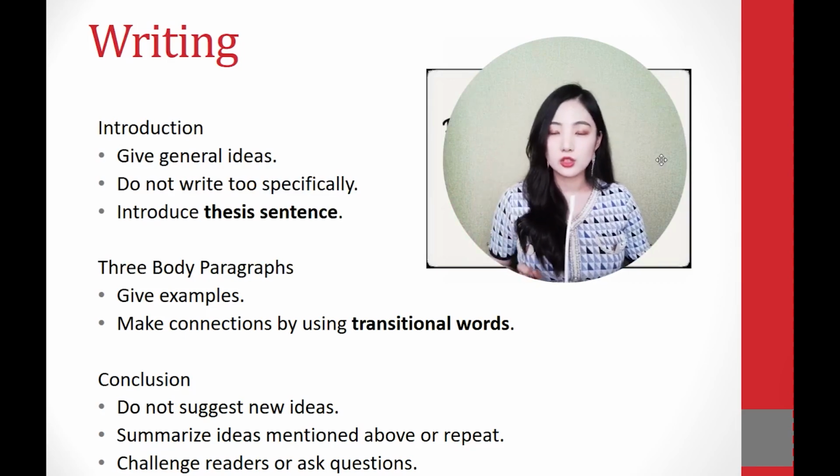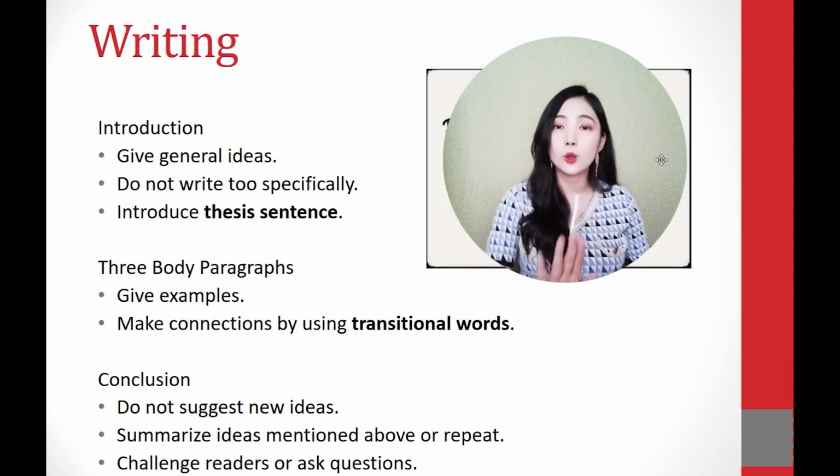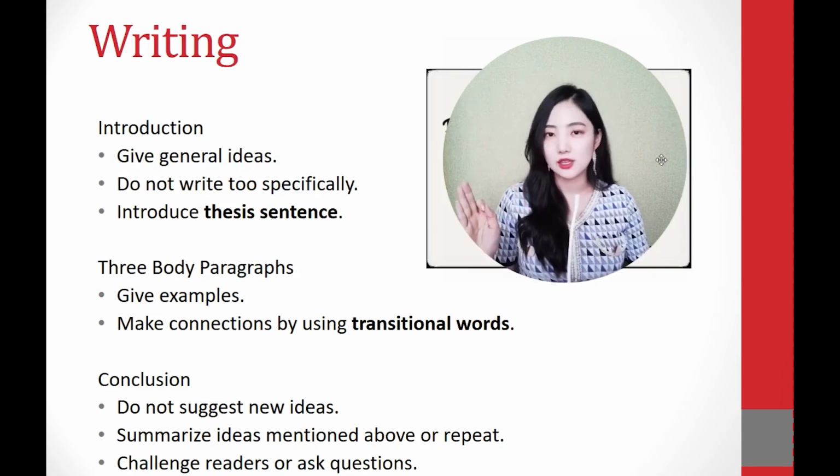And usually at the last part of your introduction, you introduce thesis statement. Thesis statement is the main idea sentence for the whole essay. So which can be topic sentence for an entire essay. And I'll talk about that in detail soon.